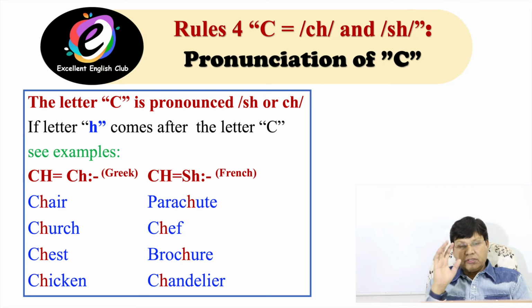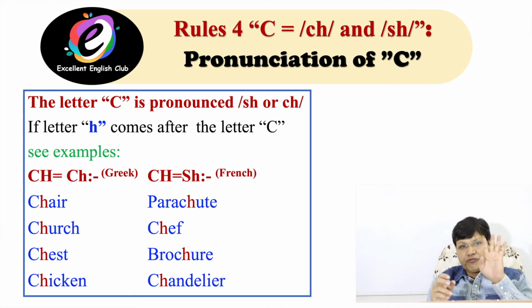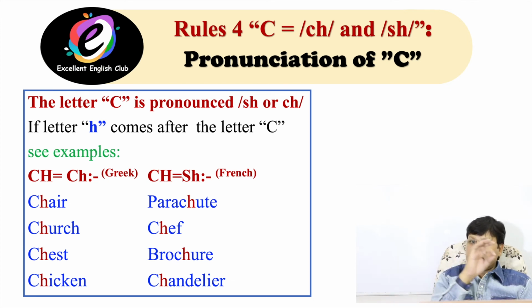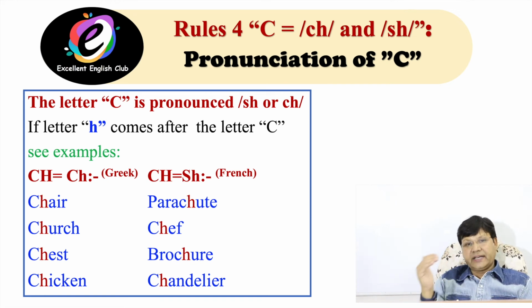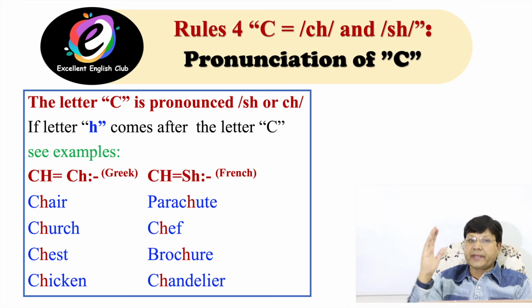Understand? So what I told you: letter C has 4 different pronunciations. Number 1 is ka, then sa, then sha and cha. What are the rules? Rule 1 is if AOU comes after the C, or any consonant comes after the C, or if the C comes at the end of a word, then the pronunciation of C will be ka.